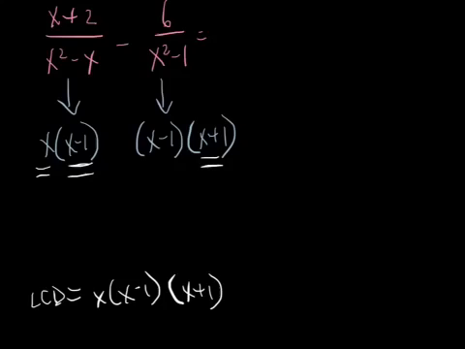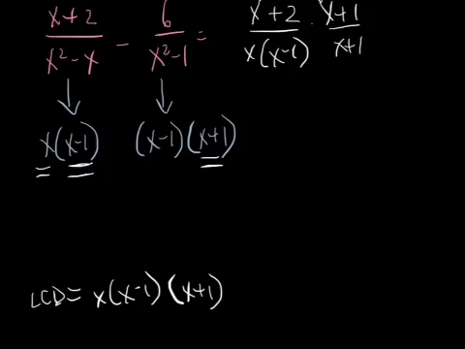Okay? So what we're going to need to do is multiply each expression by 1 in the form of the factors that that denominator doesn't contain. So our first expression will be multiplied by (x plus 1) over (x plus 1), and our second expression is going to be multiplied by x over x, and I'm going to keep that denominator in factored form.